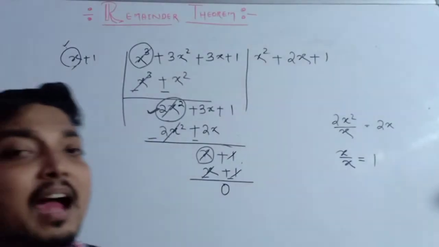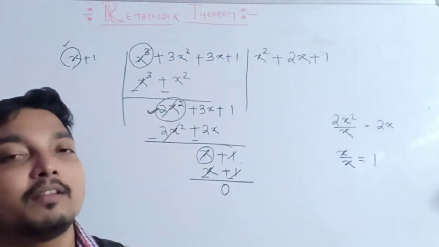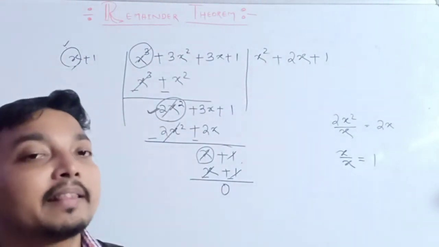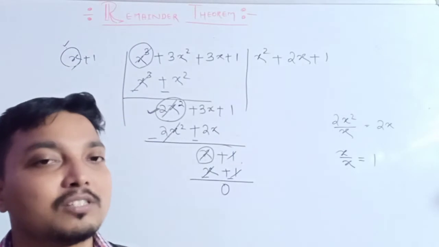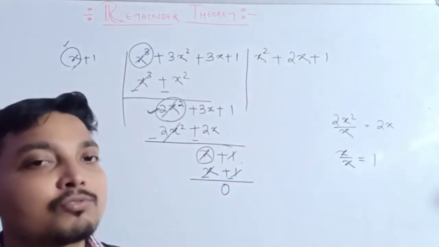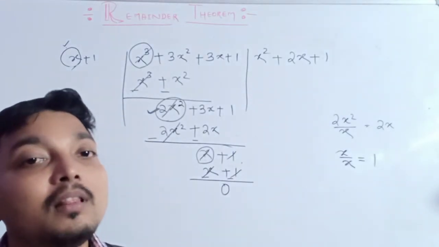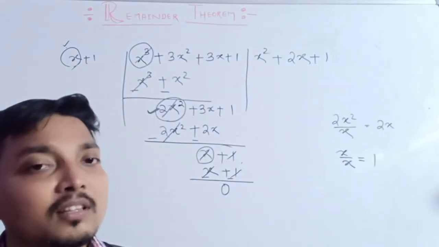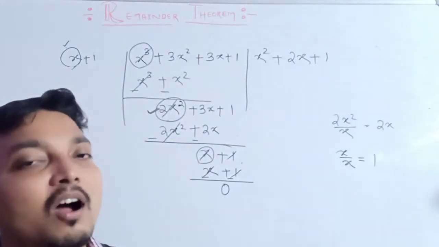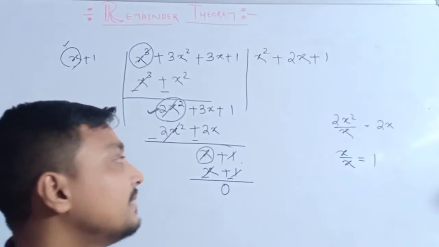So after doing a long process of division, finally we got that the remainder is equal to 0. The same thing we can also find with the easy trick. Let's see whether the easy trick works properly.